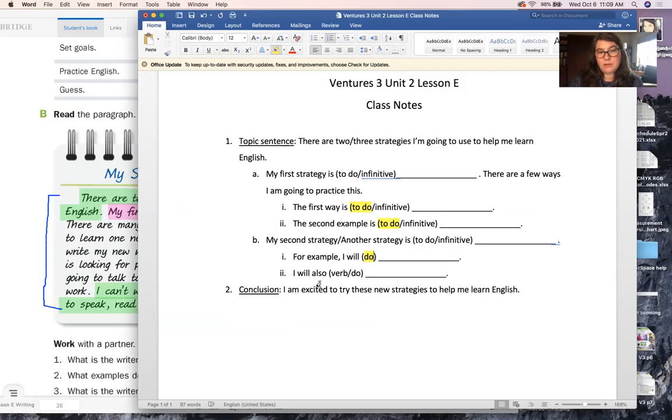I will also do. This is the same. So just be careful. These are different grammar structures. Okay, the first example is to do something, or I will study. I will do something. And don't forget your conclusion down here. This is important. Tell me how you feel about the strategies or something like that.